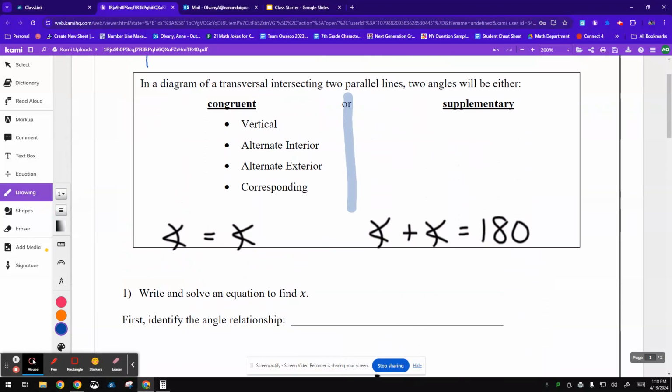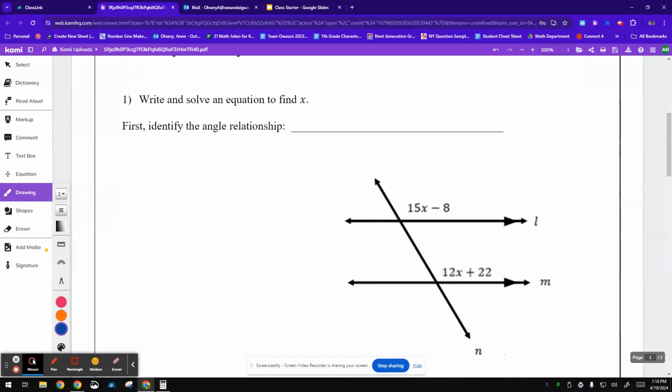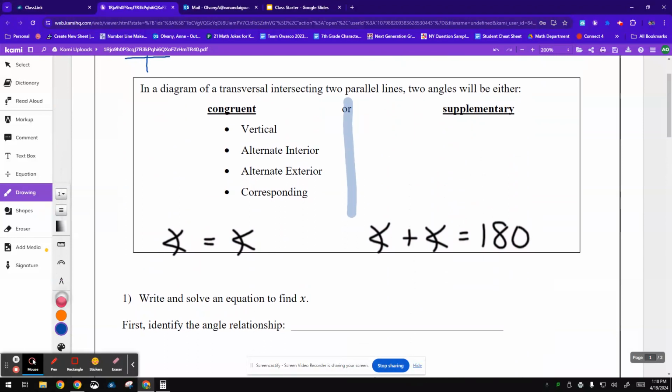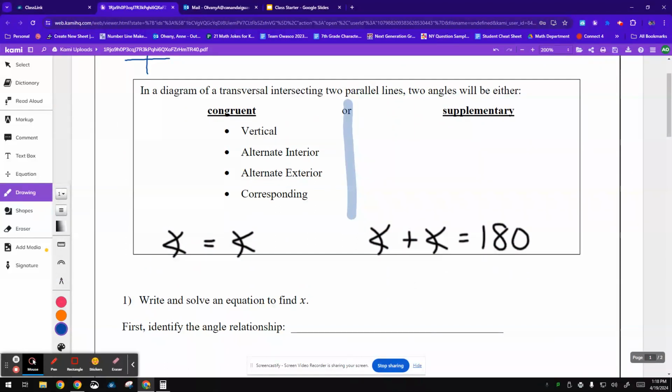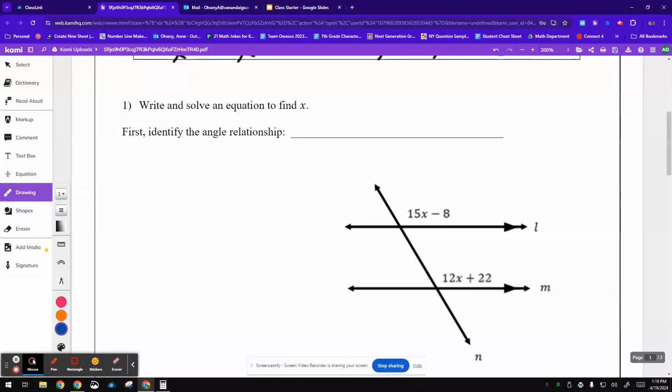Which of these listed up here do these angles match? What angle relationship is that? Let me ask this. If they're supplementary, they add together to make 180. What kind of an angle is this?